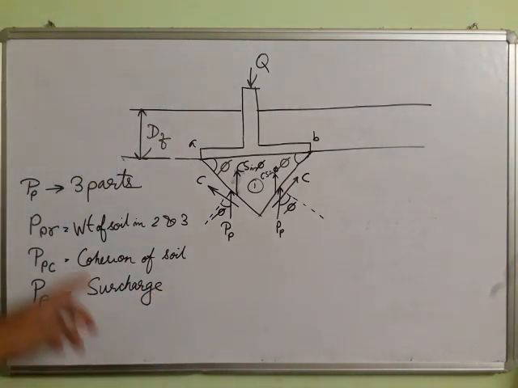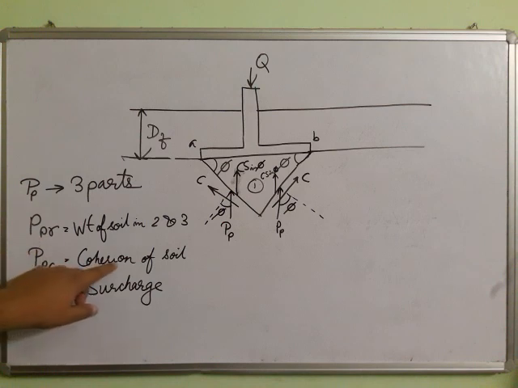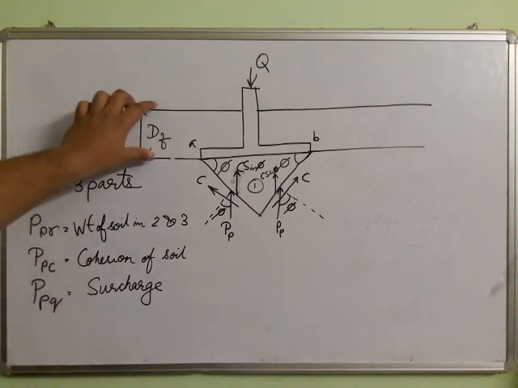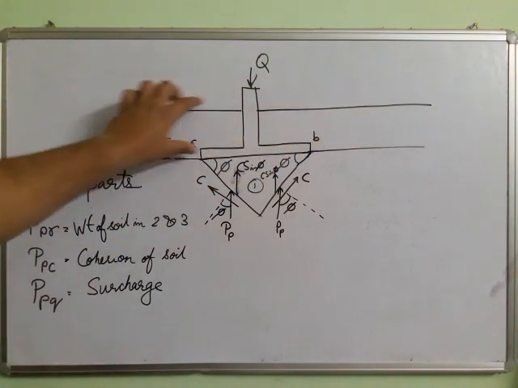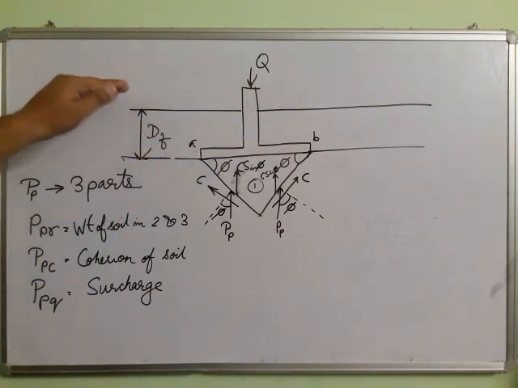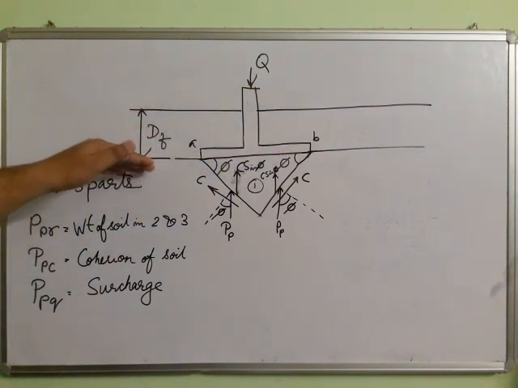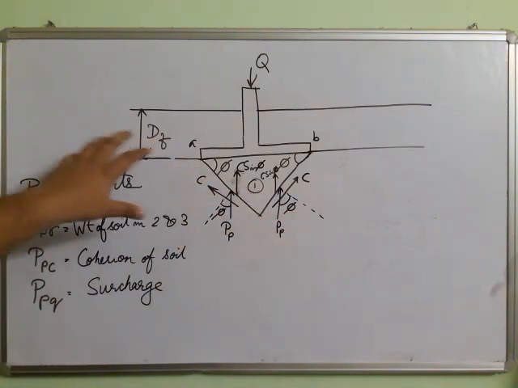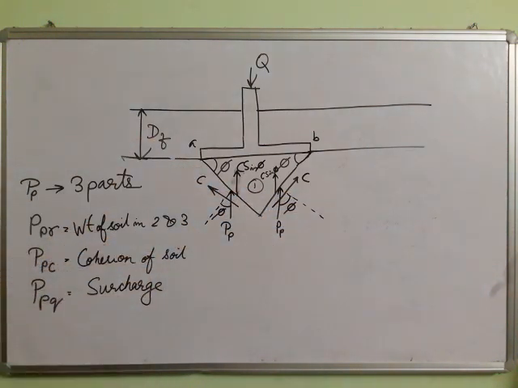You see, the weight of the soil in zone 2 and zone 3 will be offering resistance, which will be denoted by PP gamma. Cohesion of the soil will be offering resistance, which will be denoted by PPC. And the surcharge is this one, DF. In this depth DF there is soil which is giving a weight, and that weight is transferred to zone 2 and zone 3, and ultimately they will offer a resistance which will be considered as PPQ.